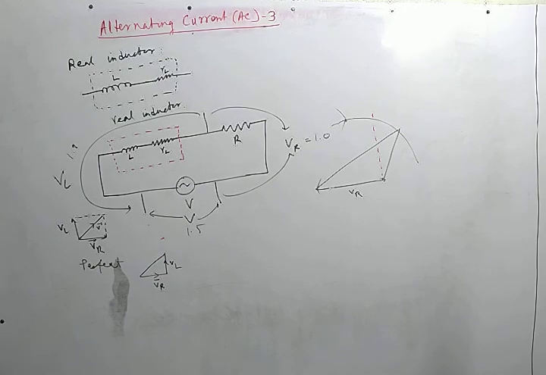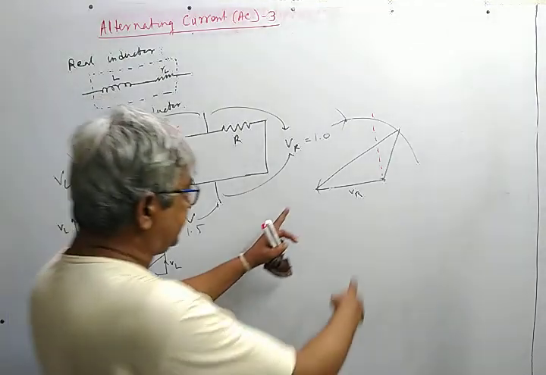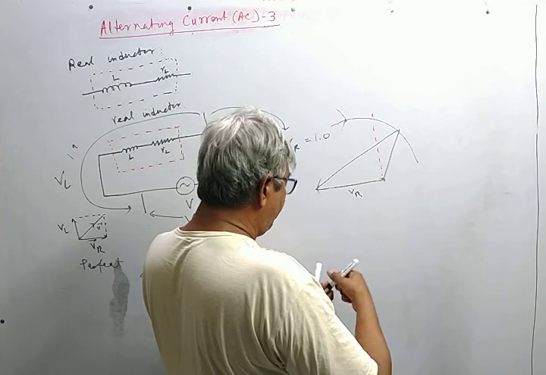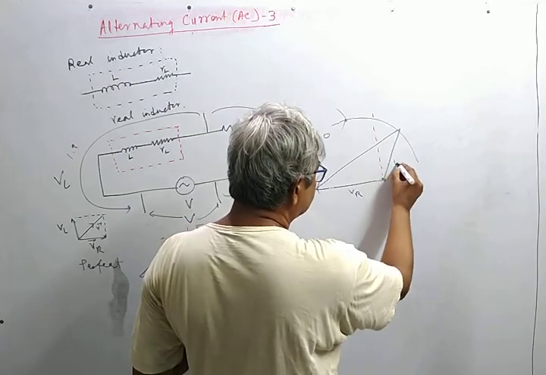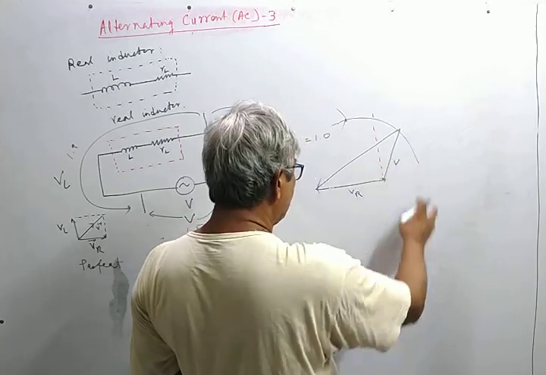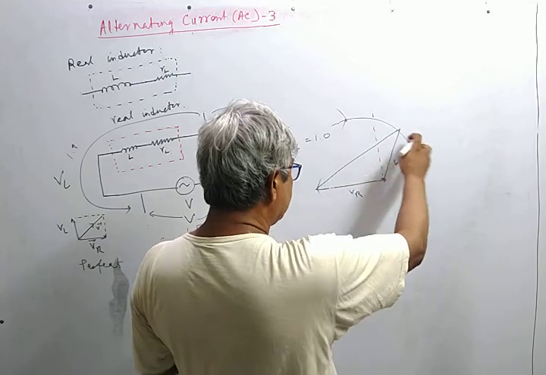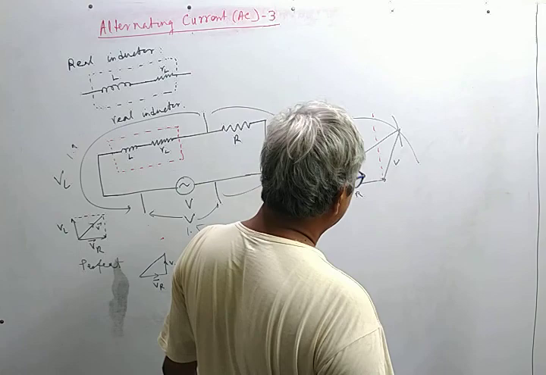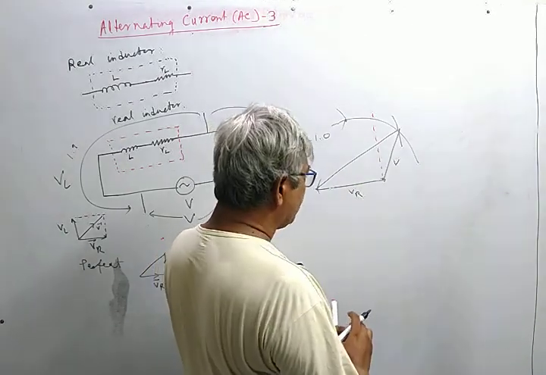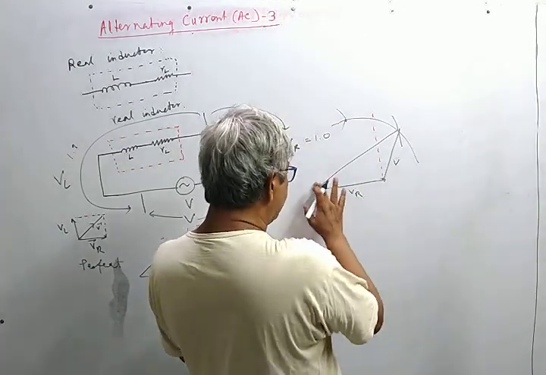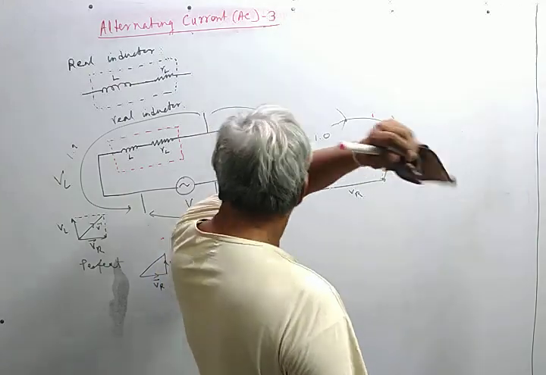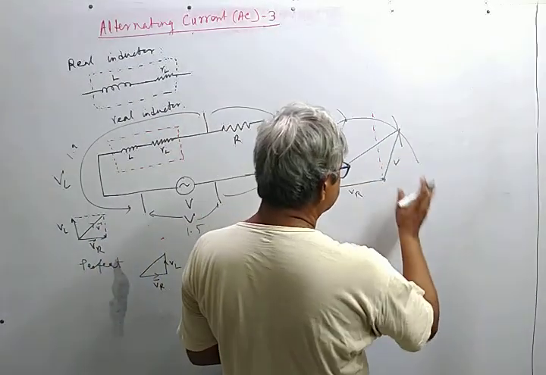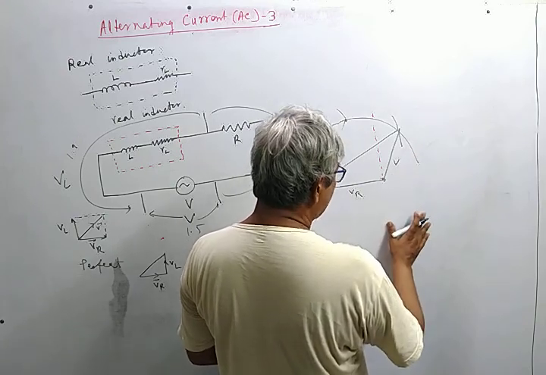Now this is the magnitude of VR. We take this, and corresponding to VL, say 19 centimeter, we take an arc length of 19 centimeter, and from there an arc length of 15 centimeter. The drawing may appear different, due to my difficulty in drawing.